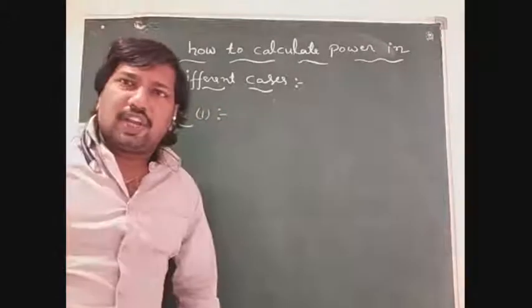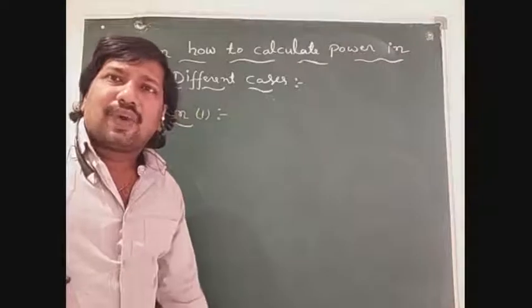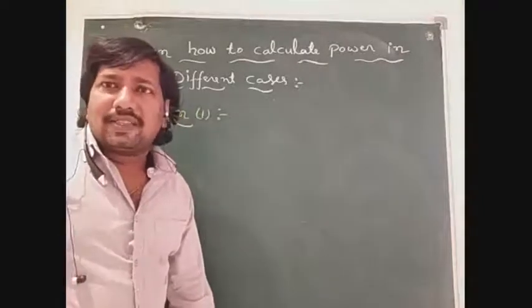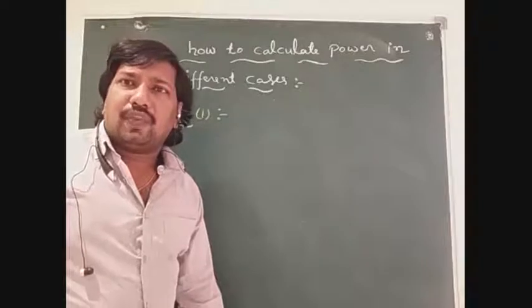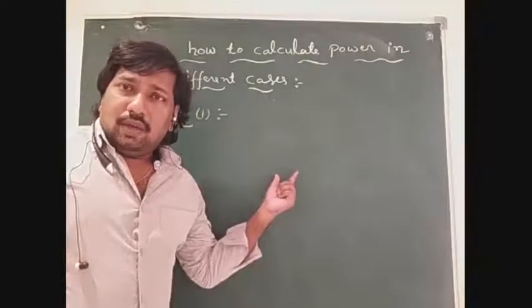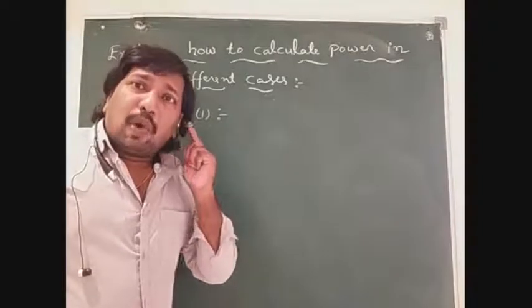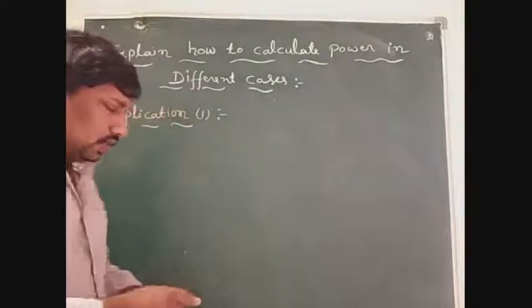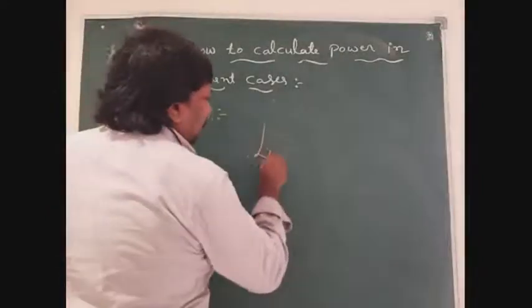In application number 1, a machine gun fires n bullets per second, released from the gun with velocity v. The mass of each bullet is m. Then what is the power of the machine gun?